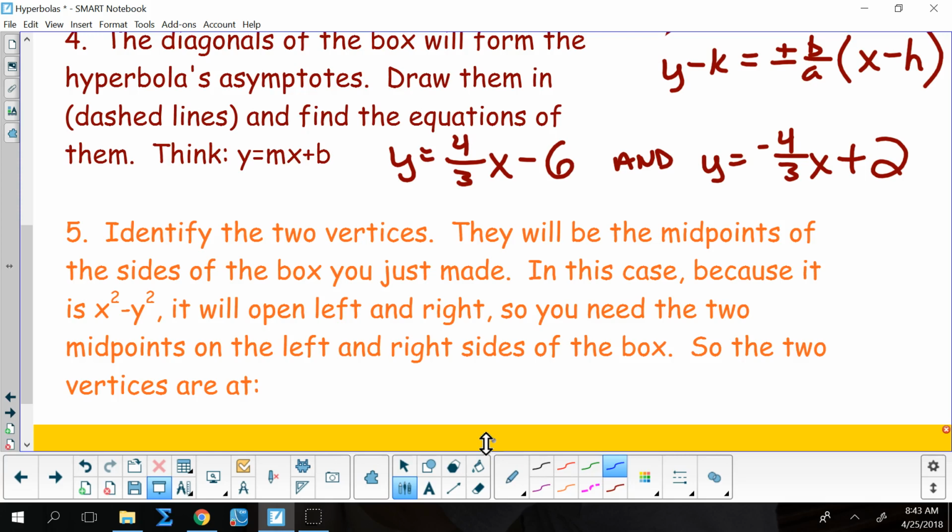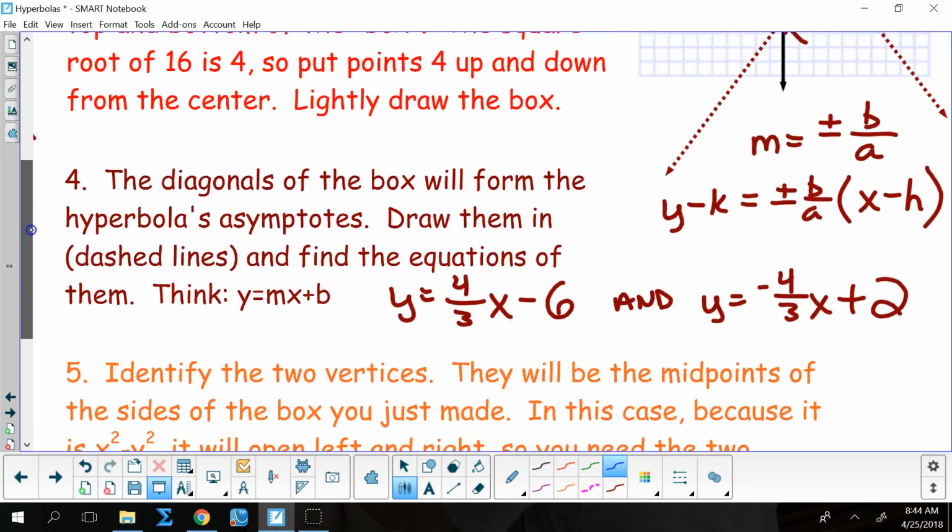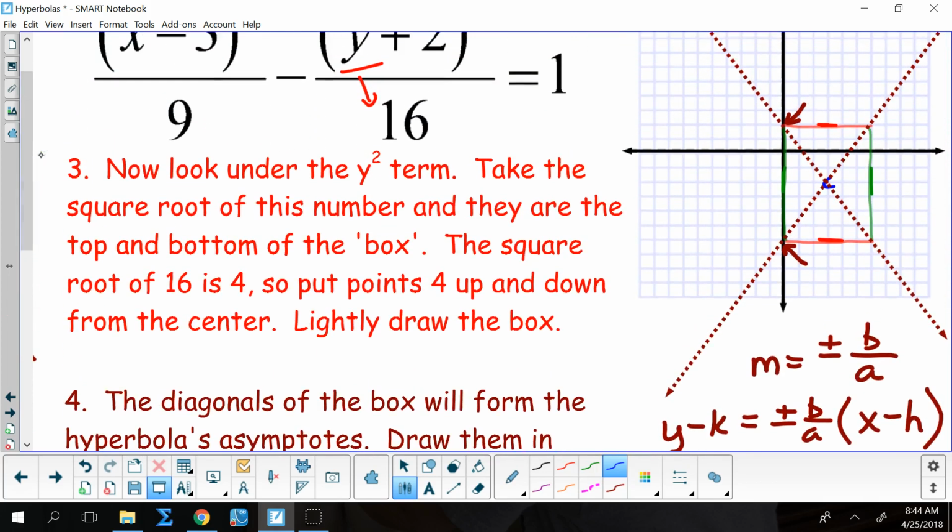So since this was an x squared minus y squared hyperbola, that means it's going to open to the left and to the right. I need the midpoints of the left side and the right side of the box. So let's go back up here to the box.